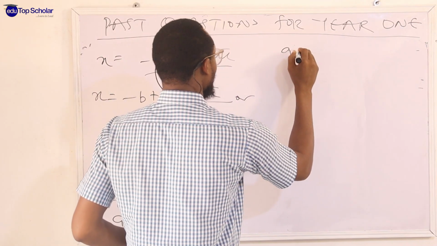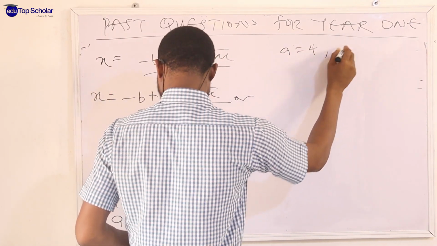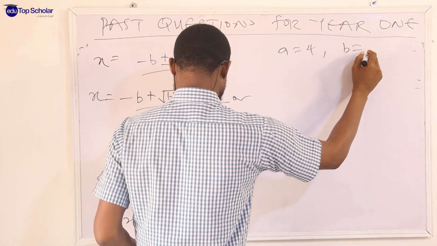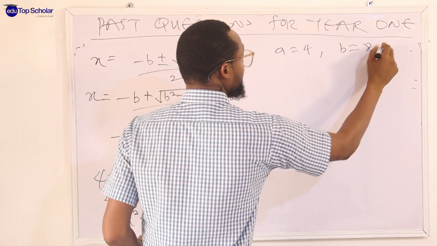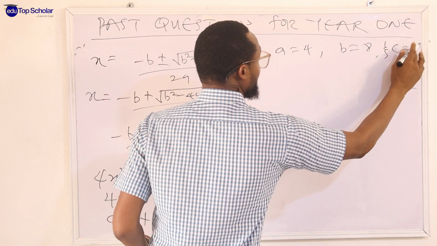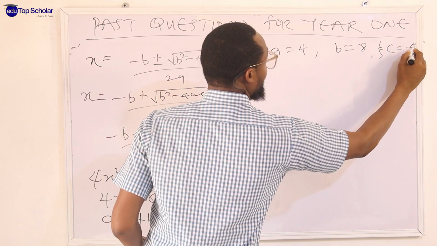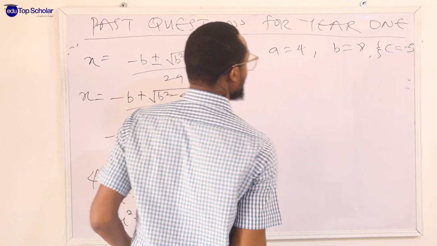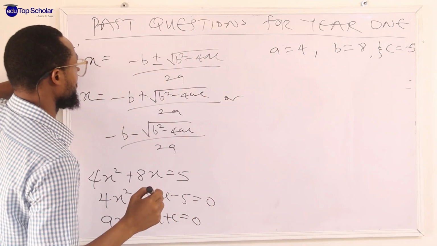Okay, a is equals to 4, b is 8, and c is minus 5.